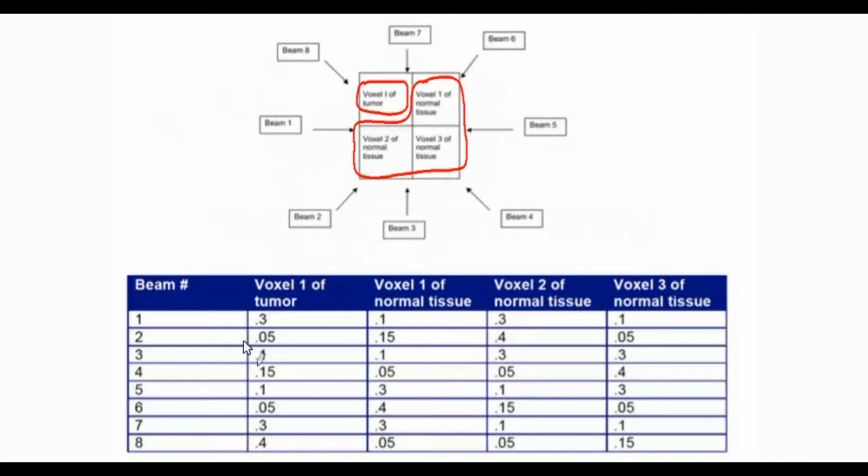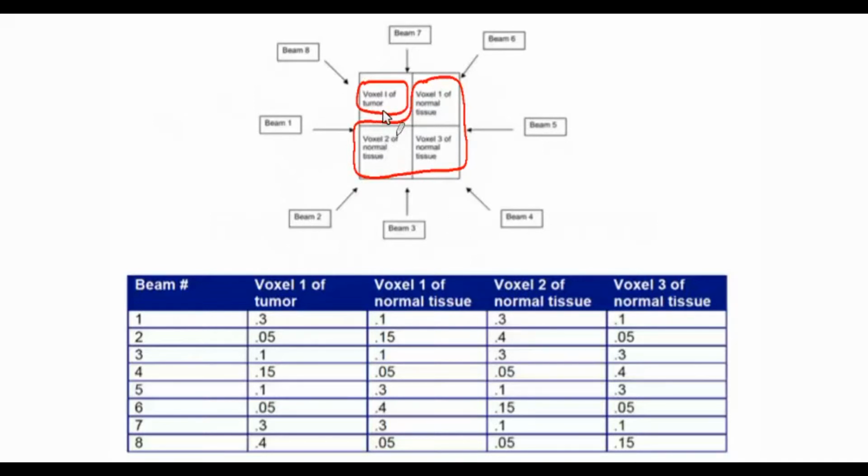The weights for beam 1, here is beam 1. It's going to say that 0.3 of that weight of beam 1 is going to be absorbed by the tumor voxel 1 up here on the top. And then in the bottom, voxel 2 of the normal tissue is also going to be 0.3. So we'll have 0.3 above, 0.3 below.